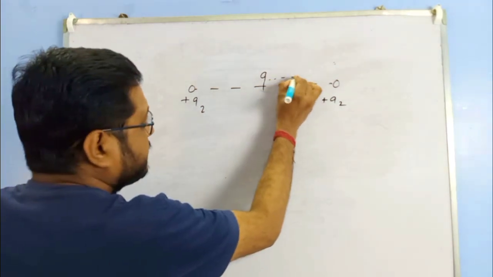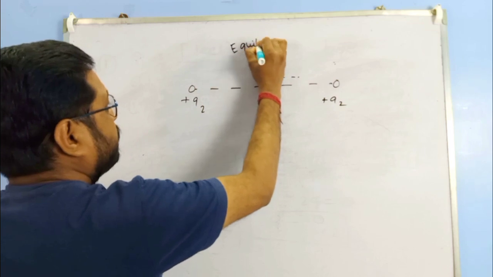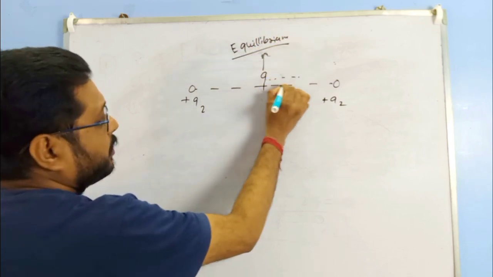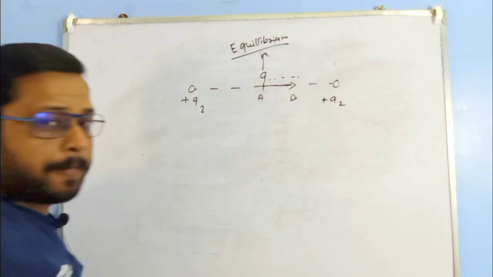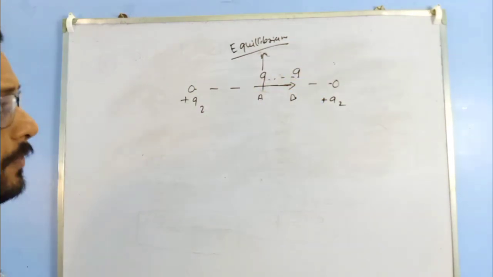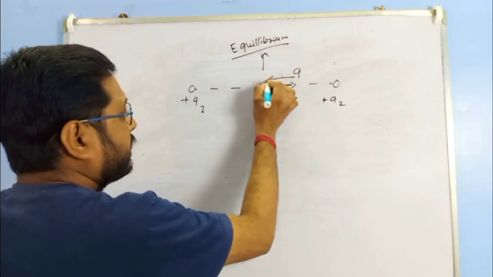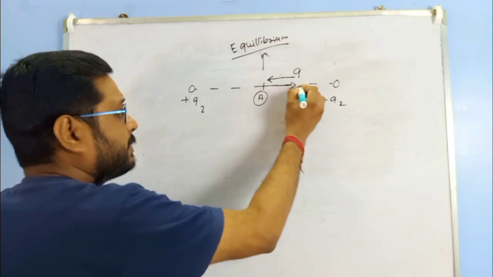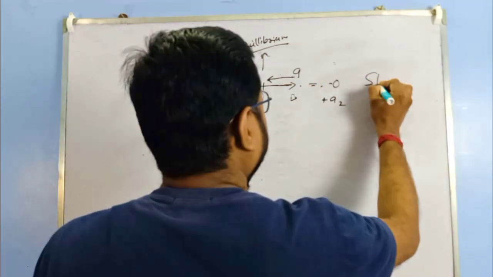If we slightly displace it from position A to position B, and it comes back to its original position A after displacing, then it is said to be stable equilibrium.